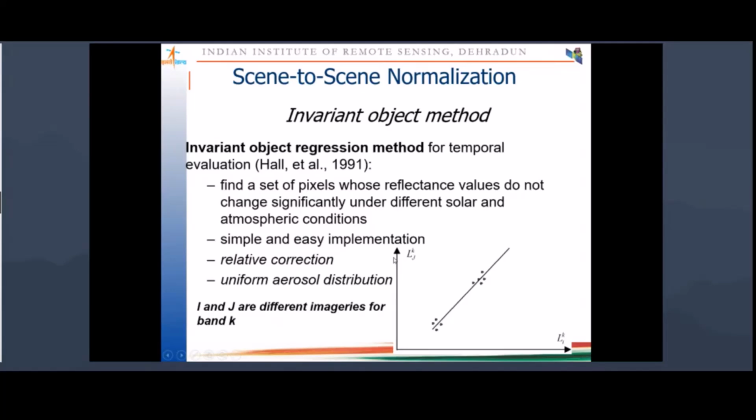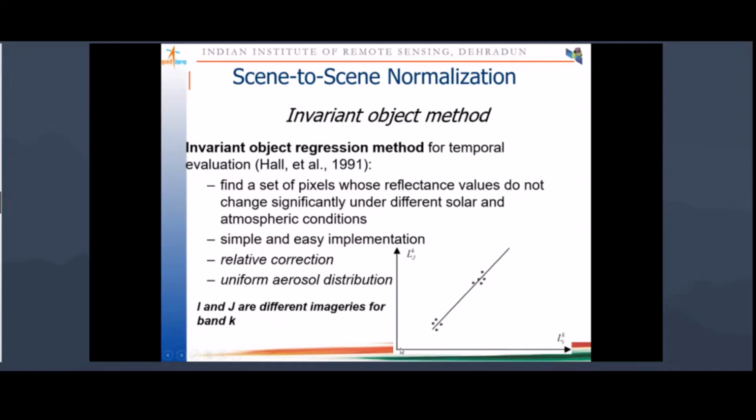Now, ideally, if there had been no change in the features that you have selected, let's say you have selected 5 pseudo invariant features, and these are perfectly not changing with respect to time, then you would have got a straight line y is equal to x passing through the origin.